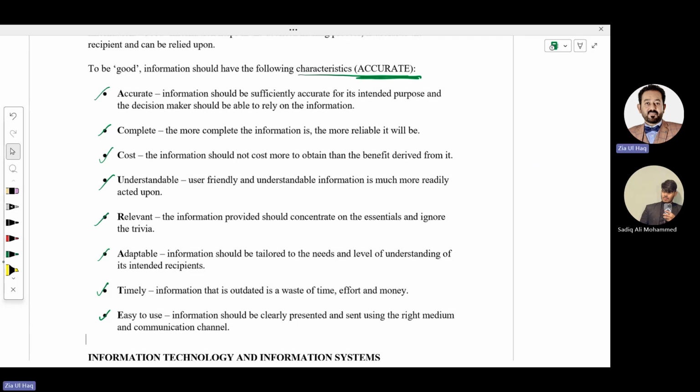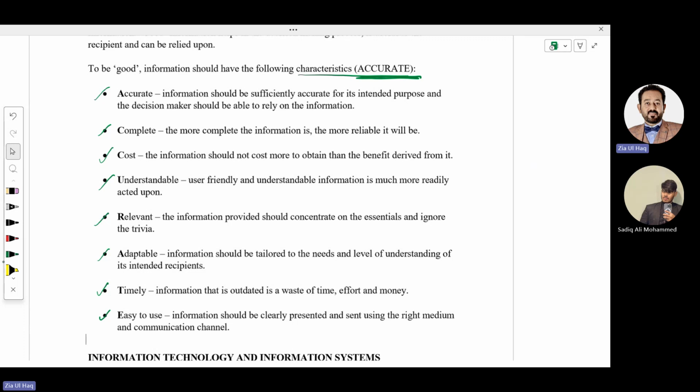If the company year end is 31st December, all the accounting information relating to 31st December must be provided to the accounts department by 31st December rather than after. If we provide information after 31st December, then the deadline is gone.